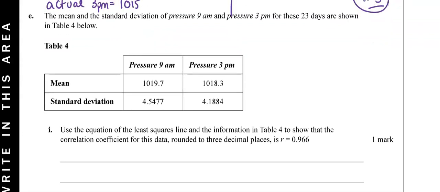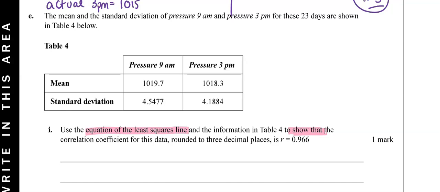Part E. The mean and standard deviation of the pressure at 9 a.m. and pressure at 3 p.m. for these 23 days is shown in the table below. Use the equation of the least squares regression line, so a big hint here, and the information in the table to show that the correlation coefficient for this data, rounded to 3 decimal places, is R equals 0.966.